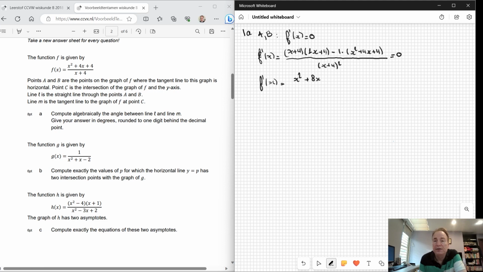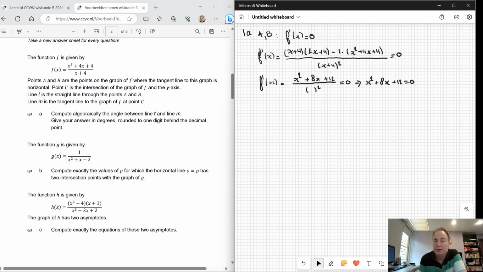And the constant term is 16 minus 4, which is 12. And again, divided by that same denominator. So this is 0. Well, that simply means that x squared plus 8x plus 12 has to be equal to 0.